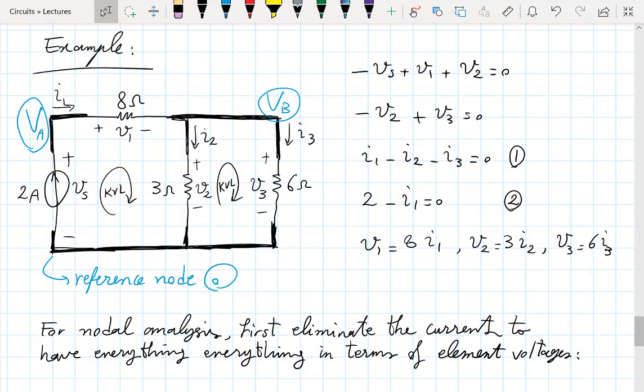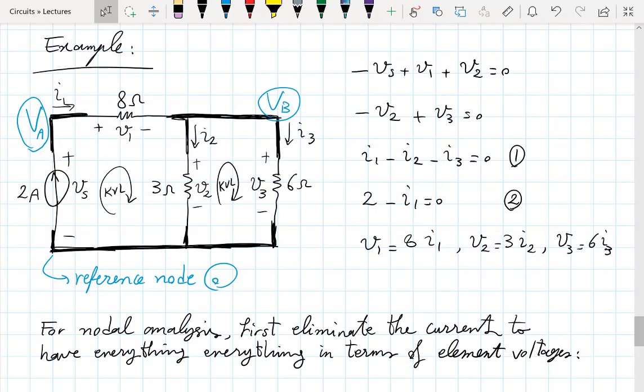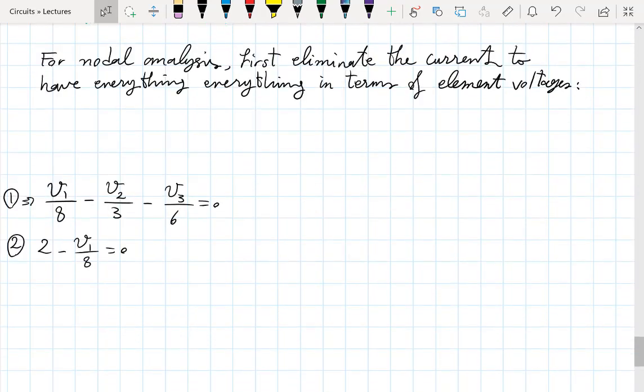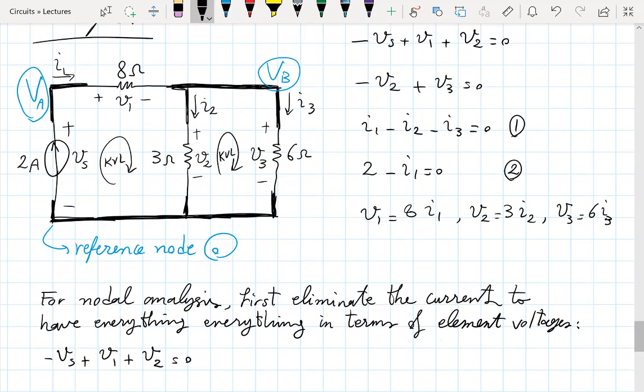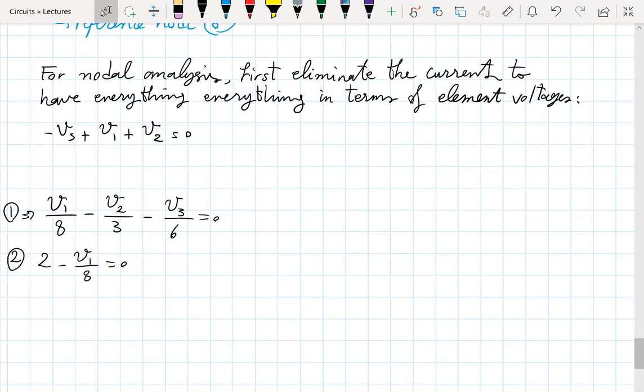And then the KVLs, I'll write them as they are. OK, so same equations as before. So already I have everything in terms of element voltages. Now replace the element voltages in terms of node voltages.